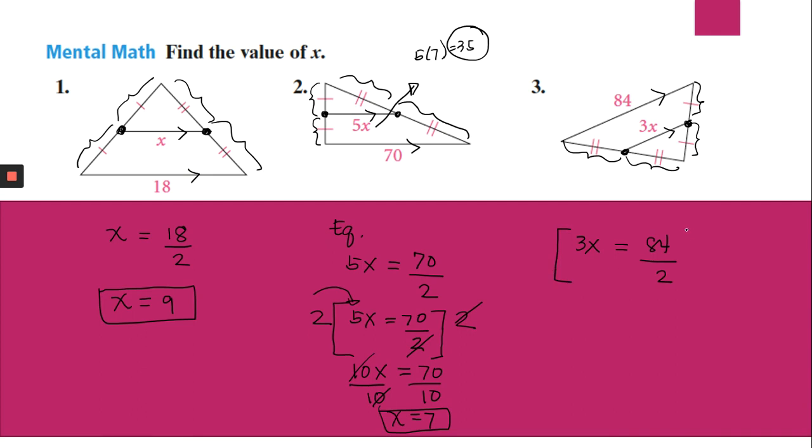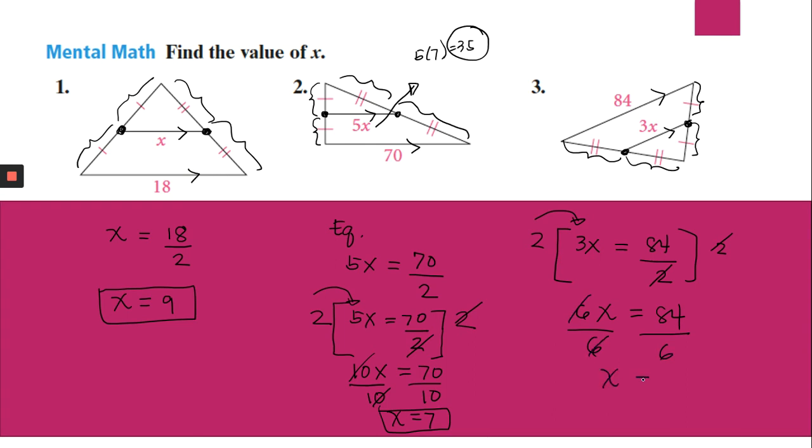So I want to eliminate 2 here. I will simply multiply both sides by 2. So I can cancel 2. So that will be 2 times 3 is 6x is equal to 84. Right? Then you divide both sides by 6.